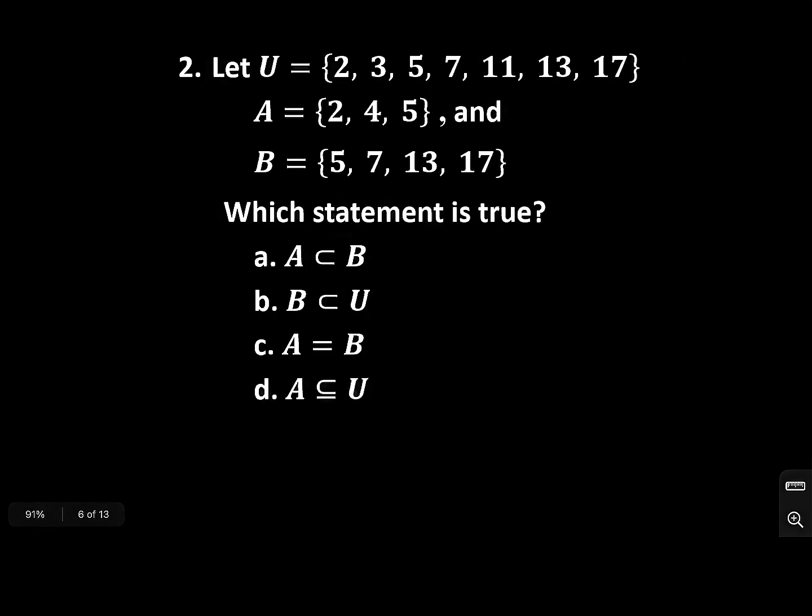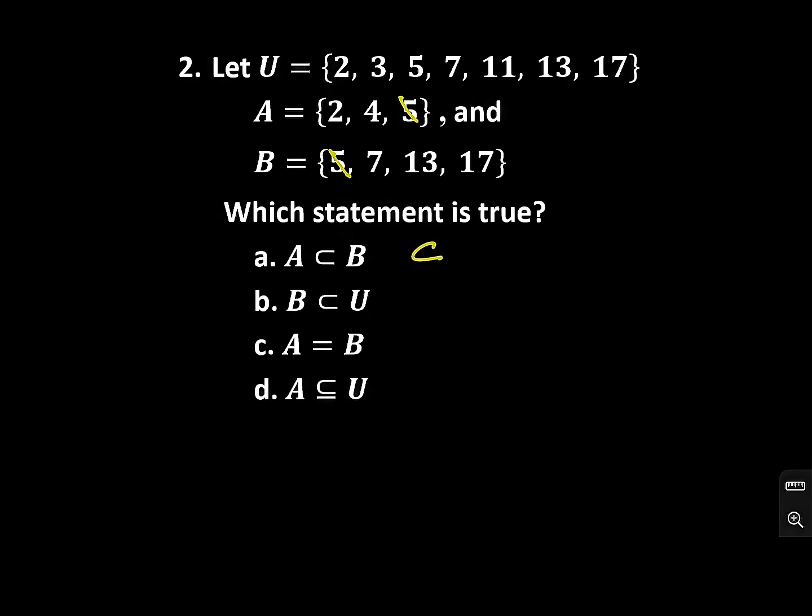Now, let the universal set be equal to 2, 3, 5, 7, 11, 13, and 17, while our set A has 2, 4, 5, and set B has the elements 5, 7, 13, and 17. Which statement is true?